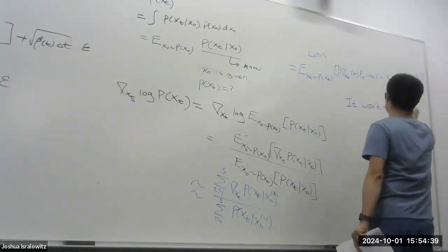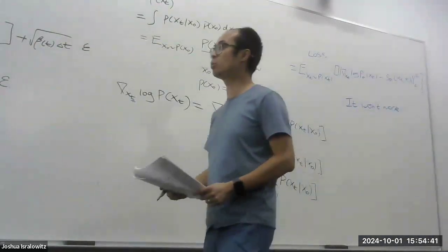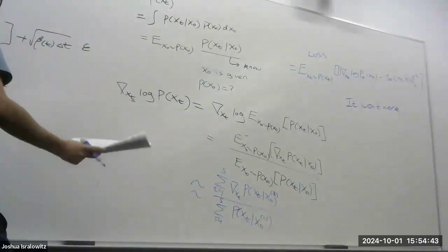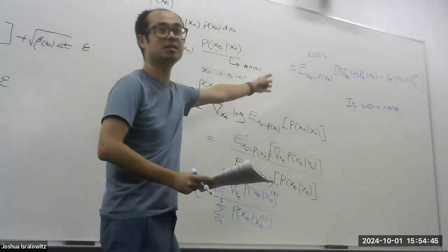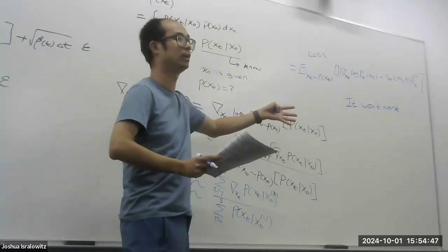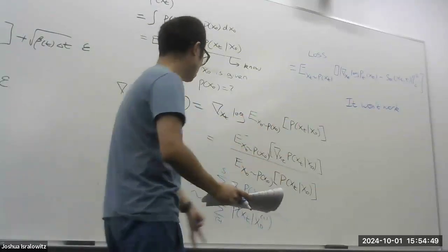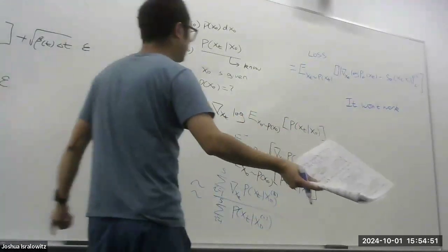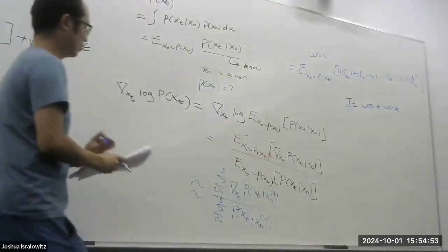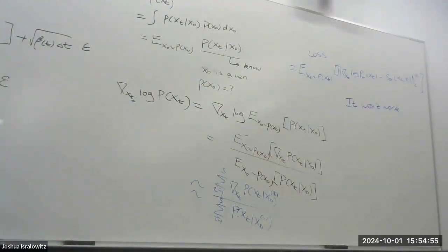If you actually check Song Yang's paper, they didn't use this method, even though this is the most intuitive way. So why didn't they? Here is the reason. Sometimes I really hate reading those deep learning papers because they don't present things in an intuitive way.